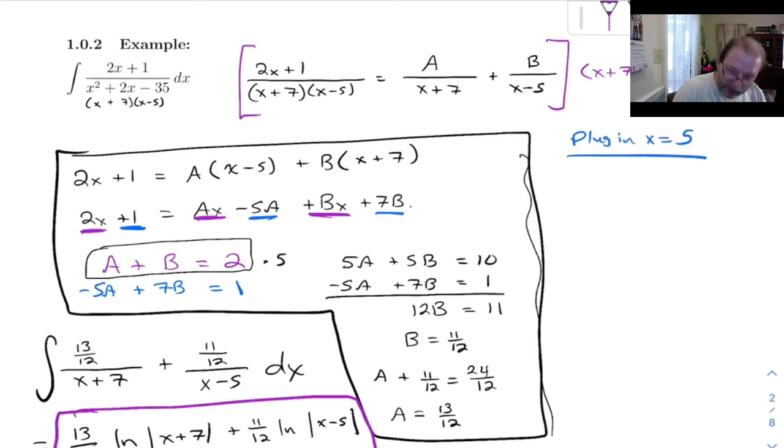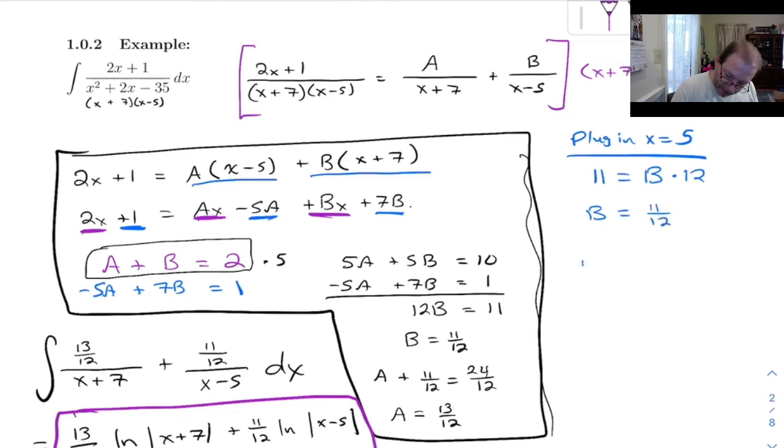If I plug in x equals 5, then we're plugging it in over here. So this is going to give me 2 times 5 plus 1 is 11 equals 0 plus B times 5 plus 7 is 12. So that gives me immediately B is 11 over 12.